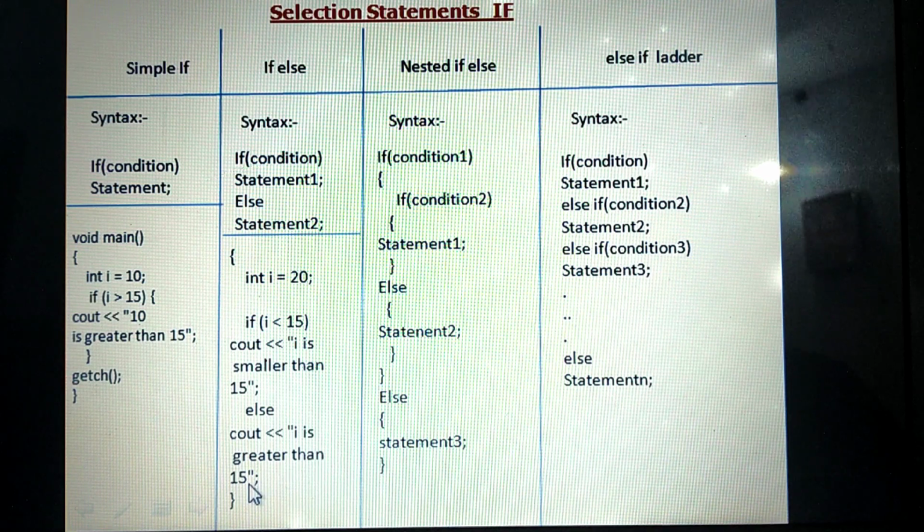If the condition is true, it will print i is smaller than 15. If the condition is true, the statement following if will execute; if false, the statement following else will execute. This is the common method for writing the if-else statement.